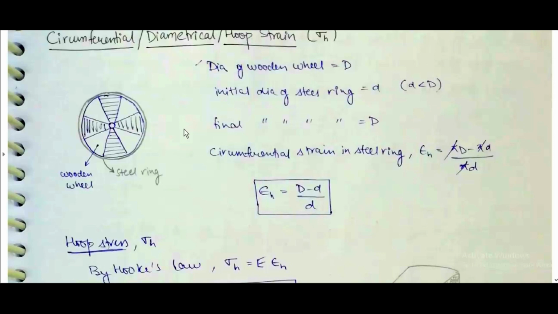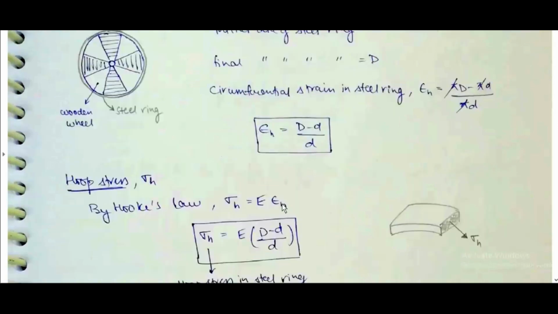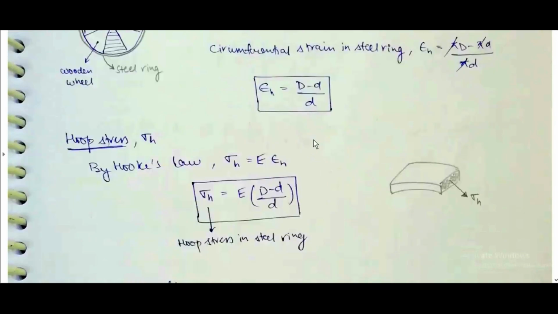Circumferential strain in the steel ring: epsilon h is equal to pi capital D minus pi small d by pi small d. Epsilon h is equal to capital D minus small d by small d. Hoop stress sigma h by Hooke's law: sigma h is equal to E epsilon h.